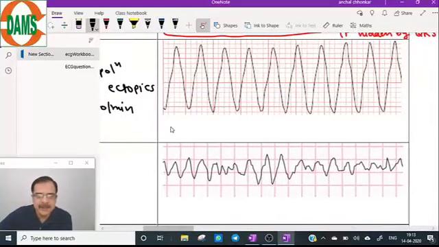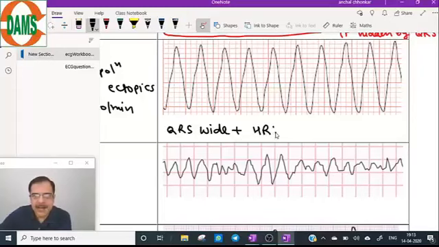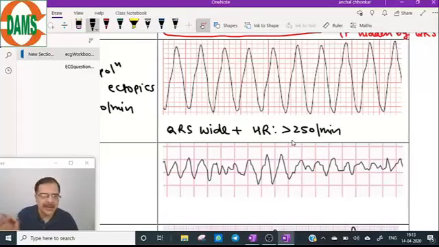The QRS will be wide, but the heart rate will be more than 250. So the heart rate is the only differentiating feature between a ventricle tachycardia and a ventricle flutter.